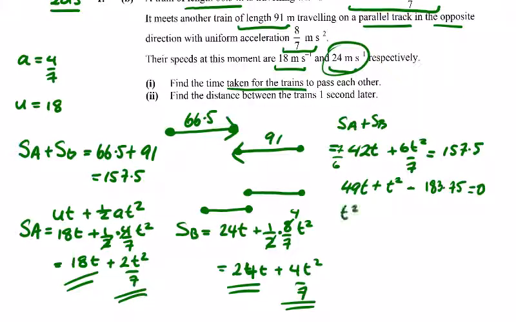Quadratic formula maybe here: T squared plus 49T minus 183.75 gives a positive and a negative, won't it? So let's see what the positive answer here is.